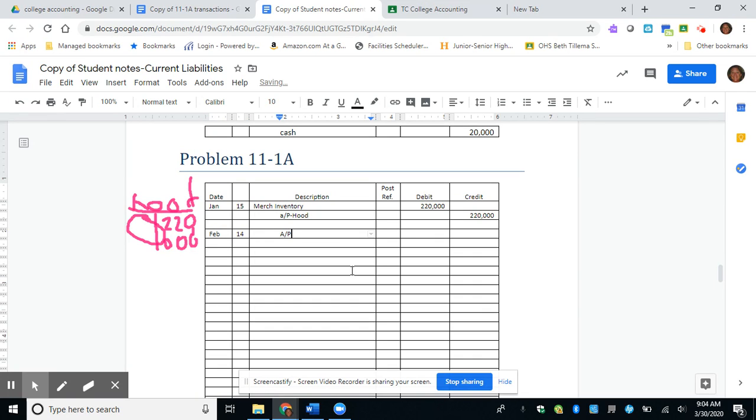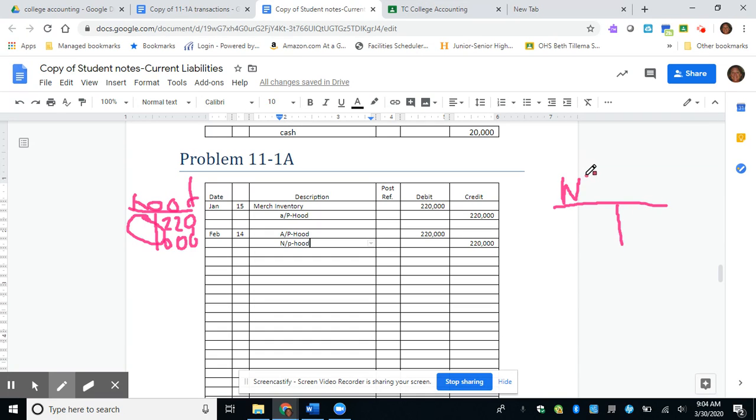My debit is accounts payable to Hood, and that is $220. And my credit is going to be a notes payable. And again, I'm going to be specific about it. I'm going to say that this is to Hood. So I'm just transferring an accounts payable into a notes payable. And again, here's my T-chart.